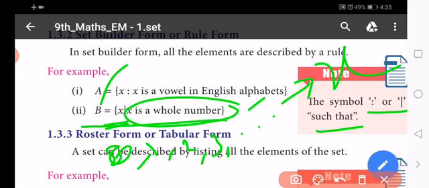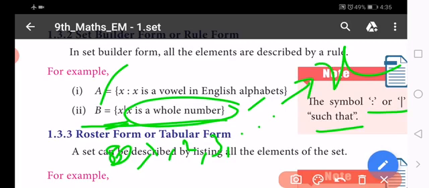So in the set builder or rule form, first we consider all the elements as x. After that we tell what x is. That's all. So this is the set builder or rule form.